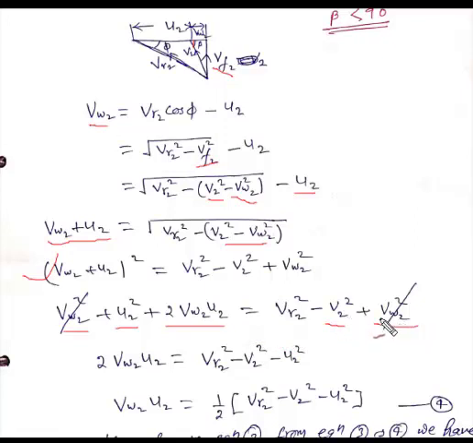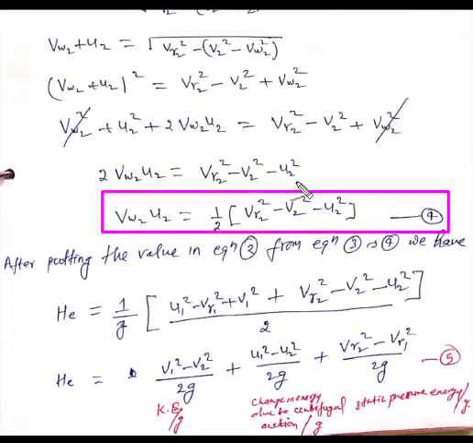Now here by equal value cancellation, Vw2 square will cancel out, then we get 2Vw2 U2 is equal to Vr2 square minus V2 square minus U2 square. By rearranging this equation we get Vw2 into U2 is equal to 1 upon 2 in bracket Vr2 square minus V2 square minus U2 square. This is equation number 4.